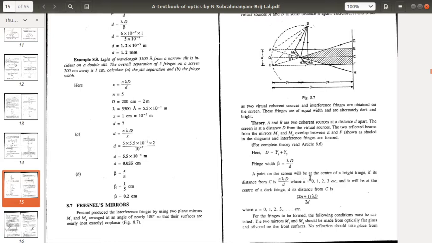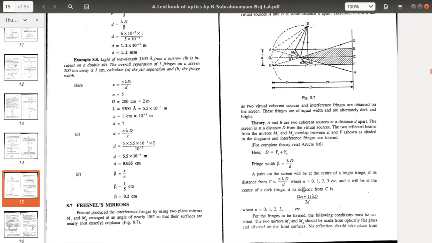A point on the screen will be at the center of a bright fringe if its distance from the point C, the central point, is n lambda D by d, where n is equal to 0, 1, 2, 3, etc. That is, for a fringe to be bright, the distance from the point C to that fringe is n lambda D by d.